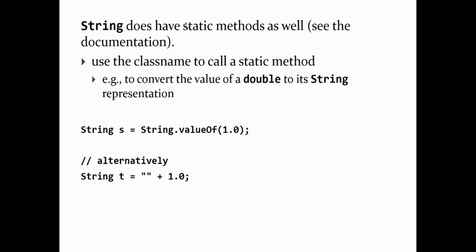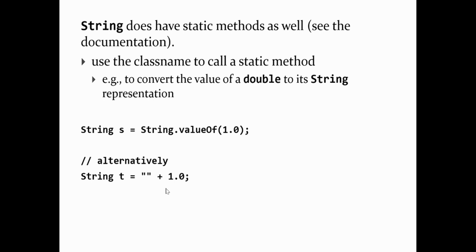There's a method called valueOf. There are several methods called valueOf in the String class. valueOf gives you the string representation of whatever this thing is over here. So if I want the string representation of the double value 1.0, you can call String.valueOf to get that value if you wanted to. You don't have to.